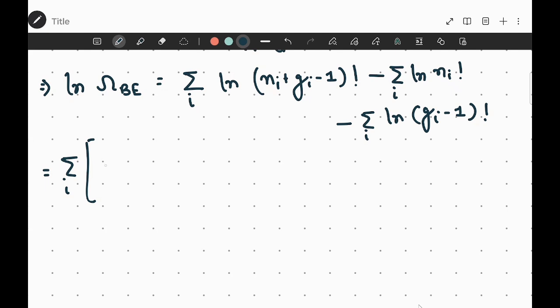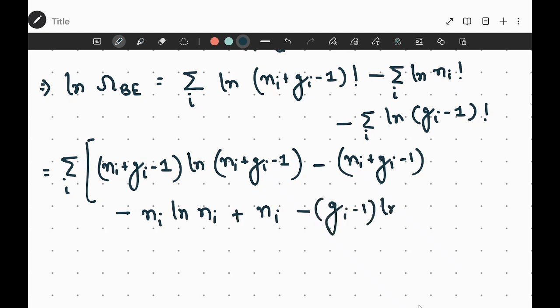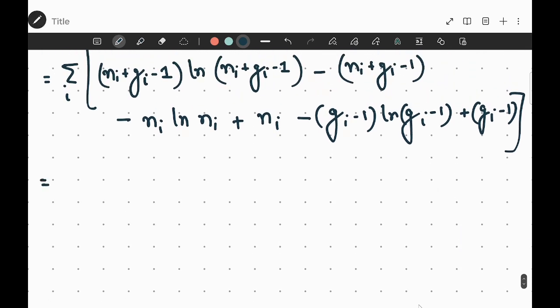So it is n ln n minus n. I have just used the Stirling approximation, nothing new.